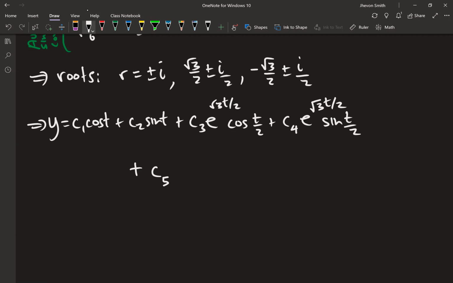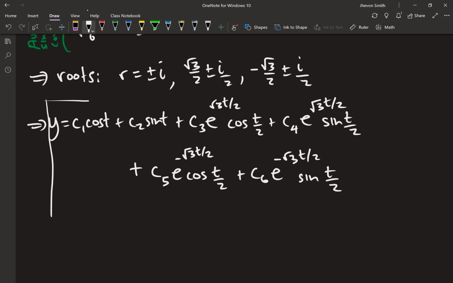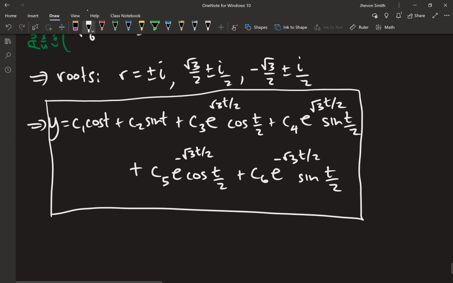So this is C5 e to the minus radical 3t over 2 cosine t over 2 plus C6 e to the minus radical 3t over 2 sine t over 2. And that's that guy.